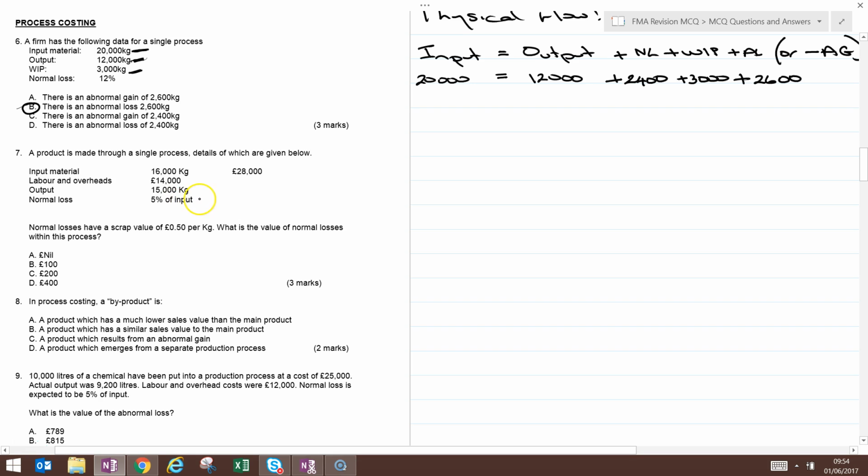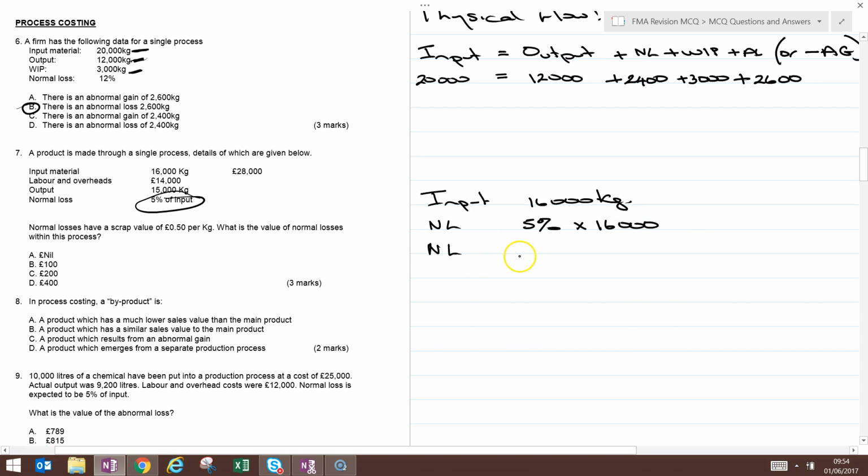So we know the normal loss is 5% of the input. Our input is 16,000 kilos. Normal loss is 5% of the input, so 5% of 16,000.